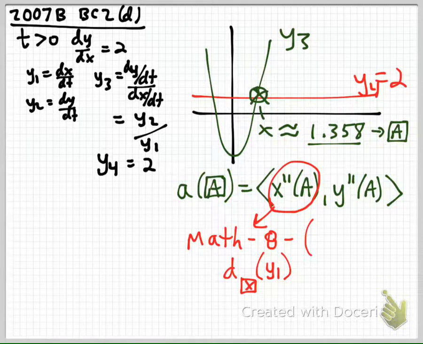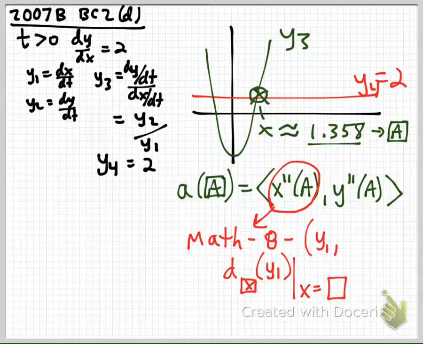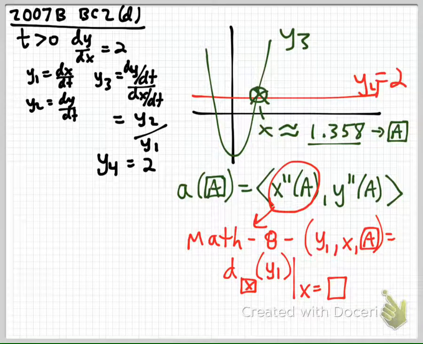I don't remember what the notation is going to look like, but it's like x equals something. Or you'd have your y1, comma x, comma a, if you have a calculator like mine, and that value right there will give you your x coordinate, or I should say the x component of the vector, 0.135.